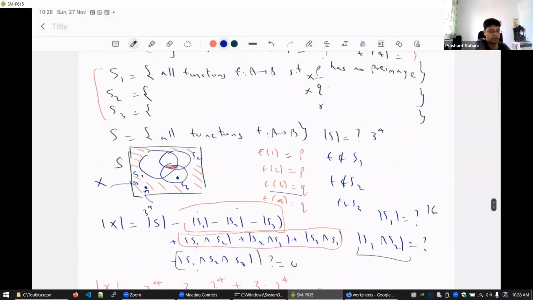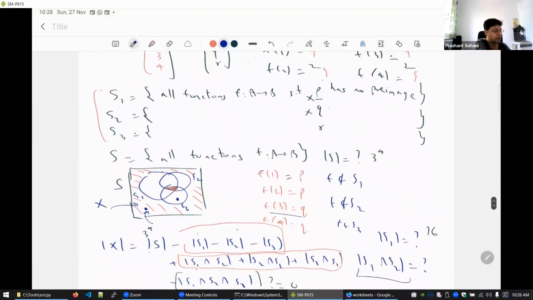And importantly, this complementation idea is very useful. See, you would have thought, why are we defining sets S1, S2, S3 like this? Like S1 is the condition that P is not getting used, whereas we are interested in onto functions, where onto means we want P to be used, right?